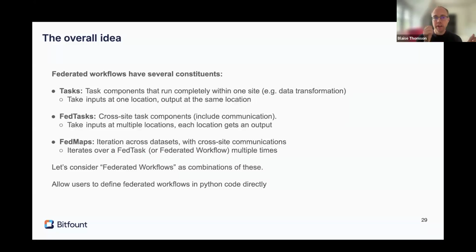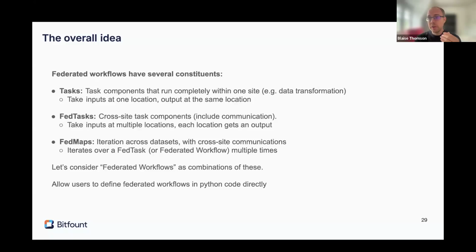And these are cross-site task components, which include communication, which are taking inputs from multiple locations and also outputting outputs at every one of those locations. Now, I won't talk much about it now, but we also have a concept here of federated map, where you can do an iteration of a map over a data set and then do one of the fed tasks, essentially also a federated workflow, multiple times.